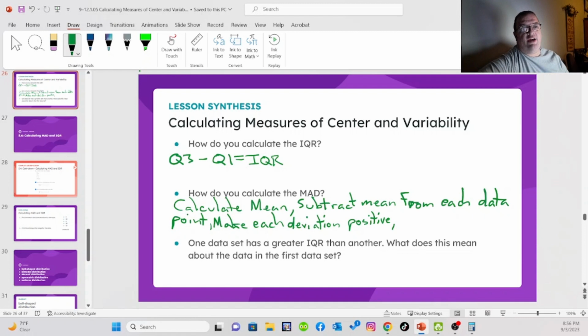Then we add all of those absolute deviations together. And finally, divide by the number of data points.